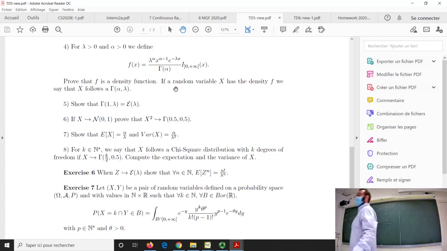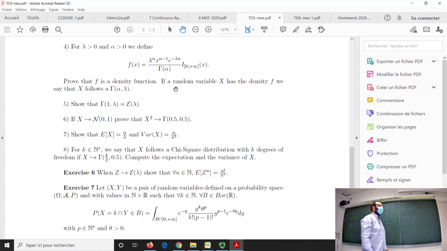Exercise 6. So, it's the exercise 6 of the list 5. So the idea is the following. I have Z that is an exponential of parameter lambda, okay? And I want you to compute the expectation of Z to the power n.